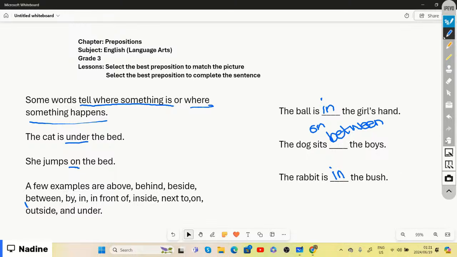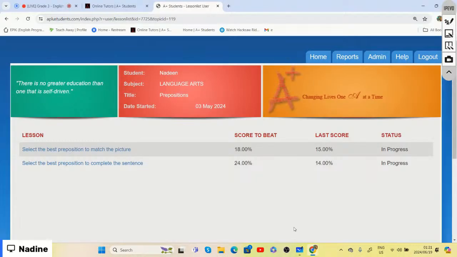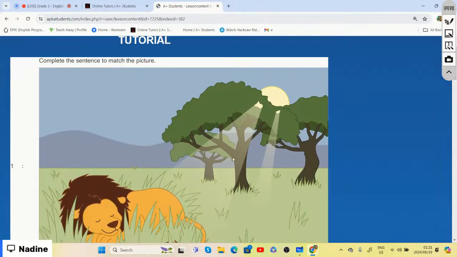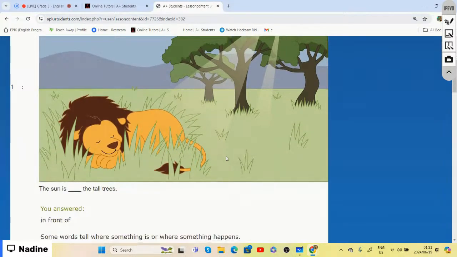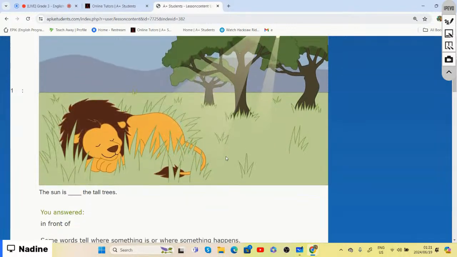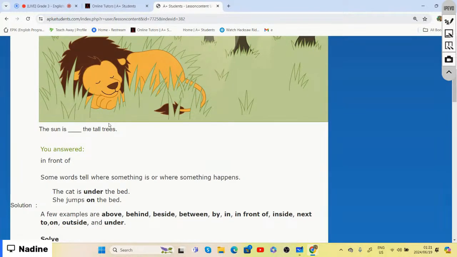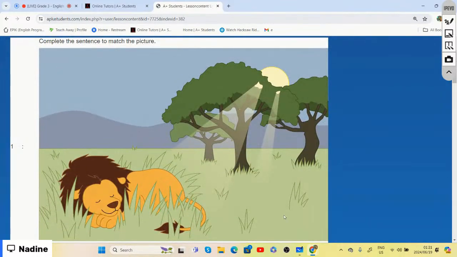All right, now we're going to aplusstudents.ca, where we are going to do our tutorial lesson and we're going to do our test. So we're going to select the best preposition to match the picture. So look at the picture. It says the sun is the tall trees.